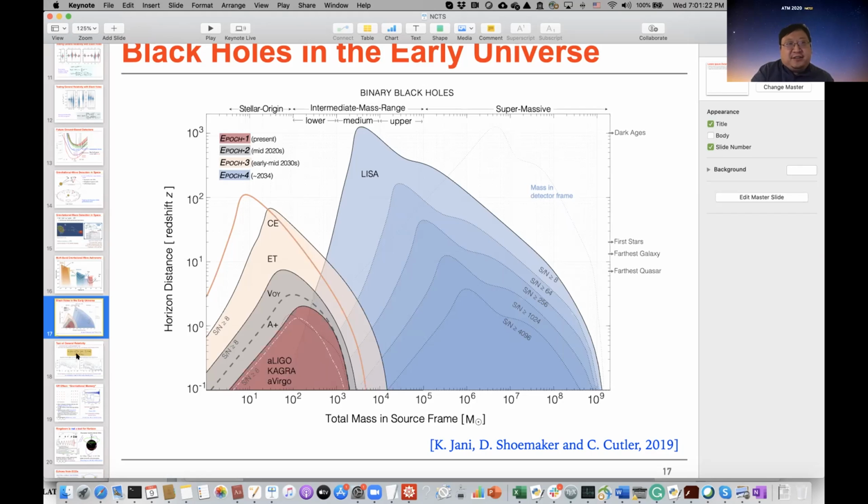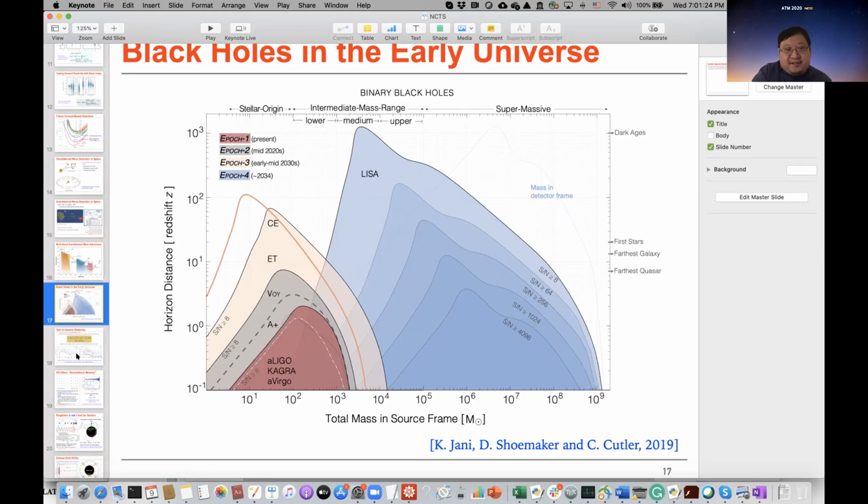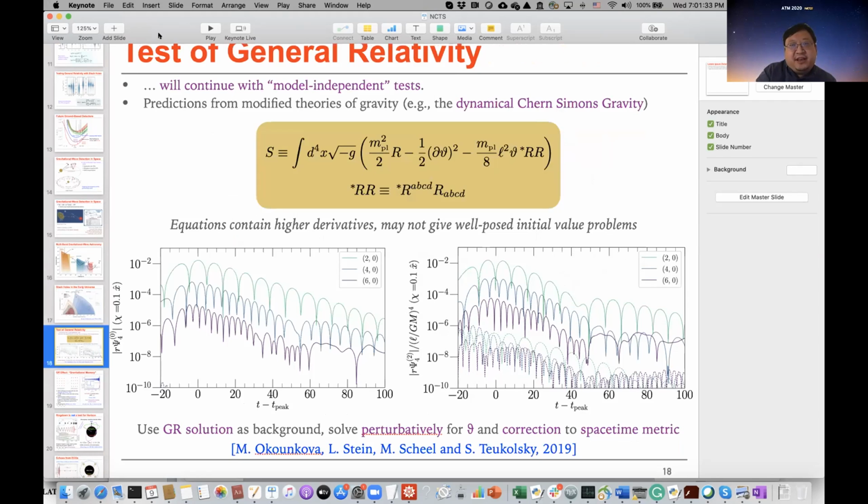Okay, so this is talking about the improved sensitivity, but let me come back to testing relativity and testing black hole physics. What are some of the things that we think we are going to be able to do theoretically with probing black holes and probing relativity? One thing is modified theories of gravity, for example, adding terms into the Einstein-Hilbert action, which are motivated by theories of quantum gravity.